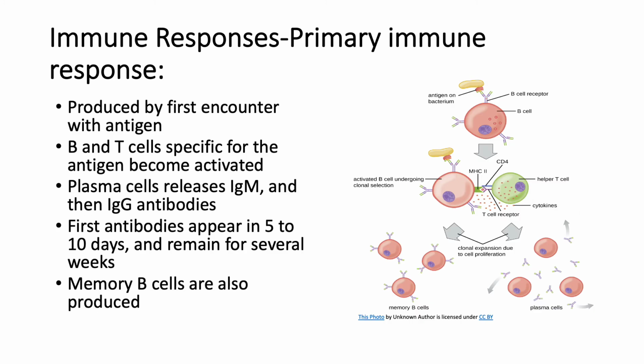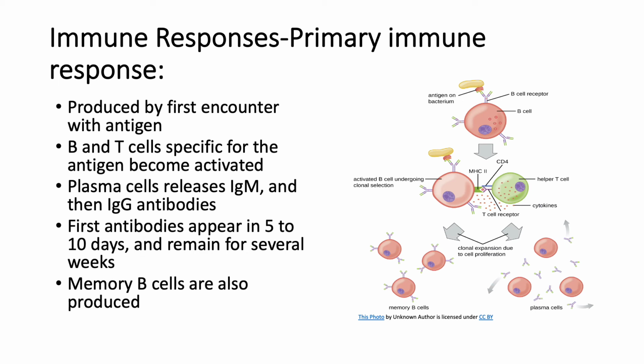When we look at the immune responses, we have two types, either primary or secondary. A primary immune response occurs when B cells and T cells become activated after first encountering the antigens for which they are specialized to react.